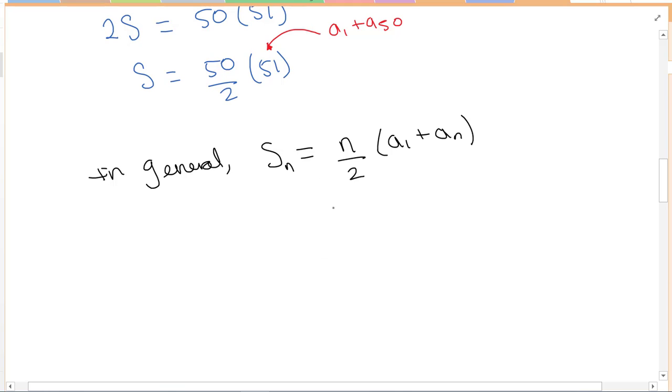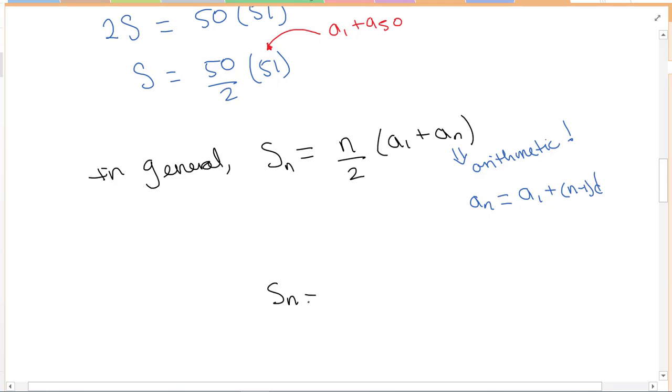Now we can go a little bit further and remember this is an arithmetic sequence. So because this is an arithmetic sequence, that means I know the formula for a sub n. A sub n is a1 plus n minus 1 d. So now with this, we can even write the partial sum formula in terms of the first term and the common difference. So let's do that.